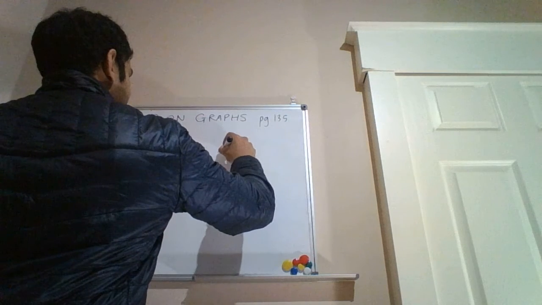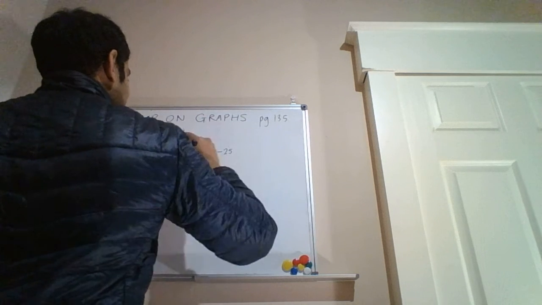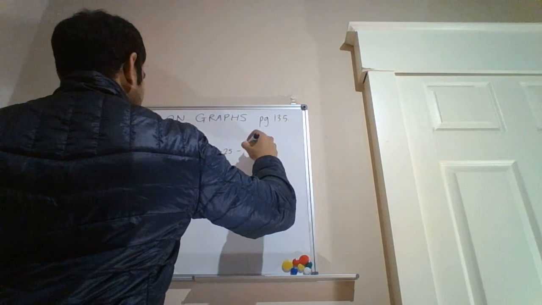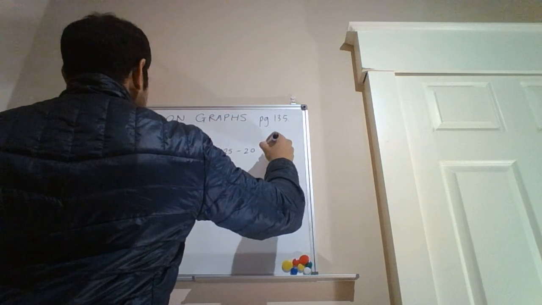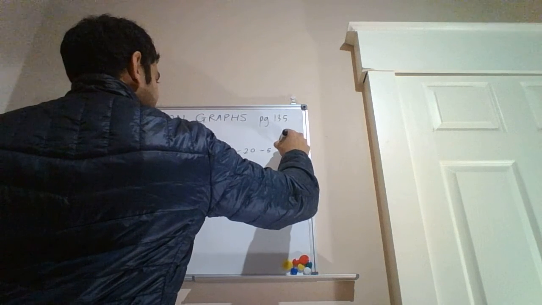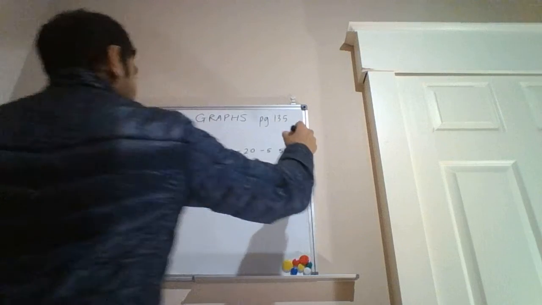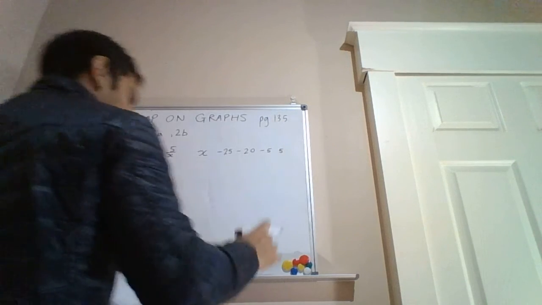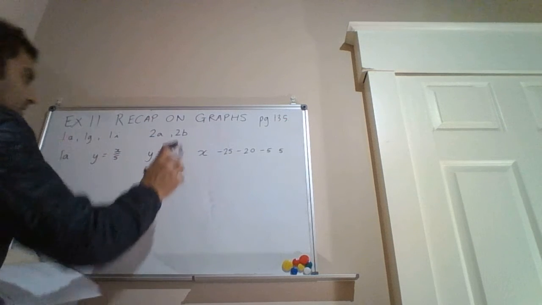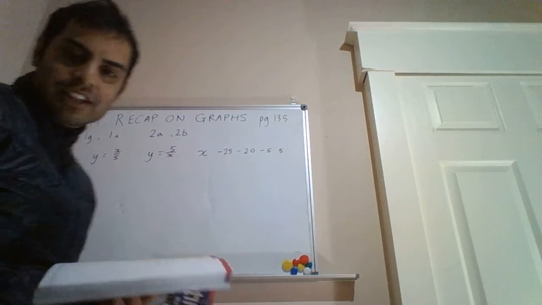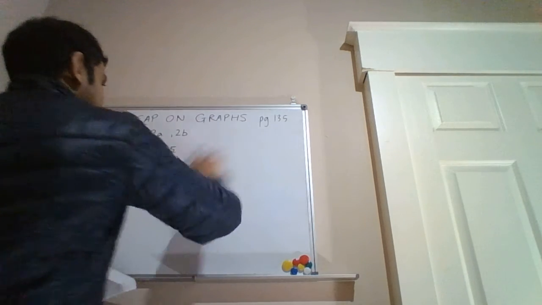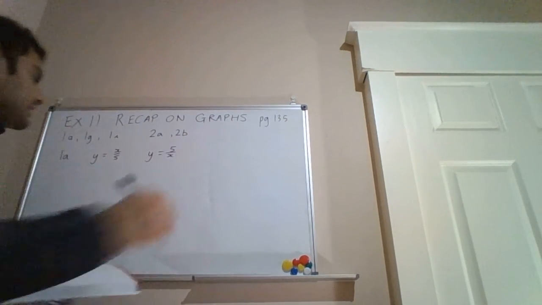So I'd like to pick minus 25, minus 20, minus 5, 5. I should choose 10. Sorry, let me choose 10. The reason I want to choose 10 is because if we have 5 over 10, then we get a half. I like numbers like that, they are easy to plot.